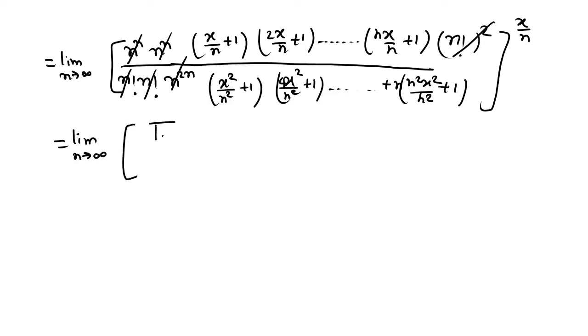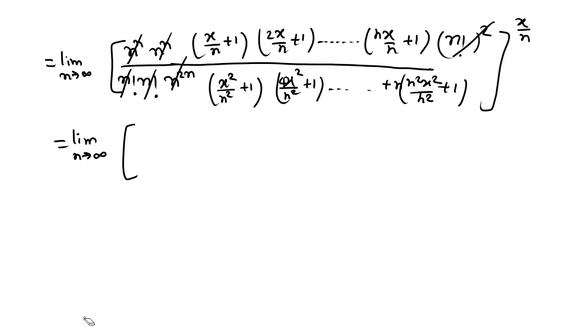This will become the capital pi, which means the multiplication over r from 1 to n, or you can do it with another method. We will do it with the other method.